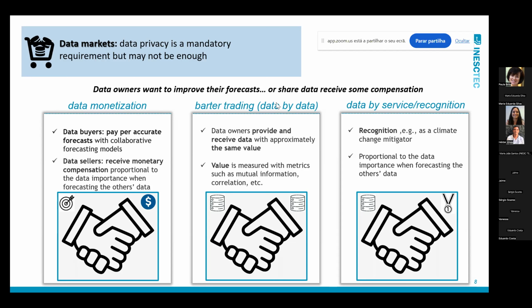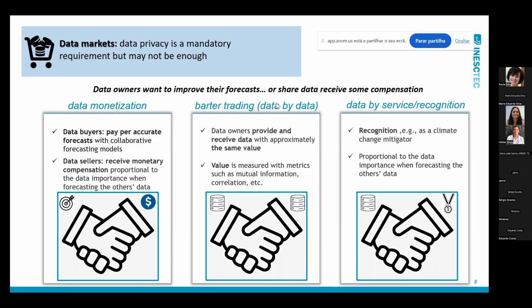Another possibility is sharing data because I'm helping to design the decarbonized world, and I will be recognized by the society or the community because I'm doing that. When I share data for free, let's say, this is called data altruism.